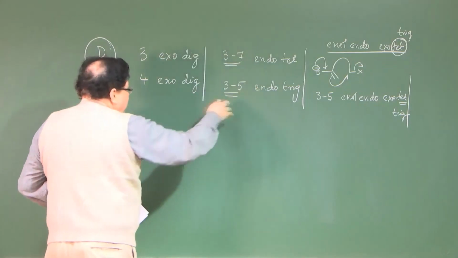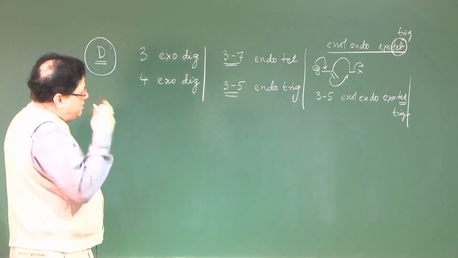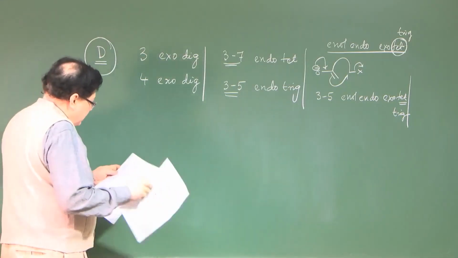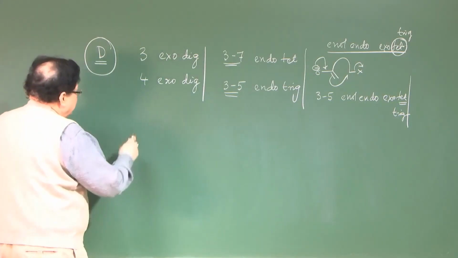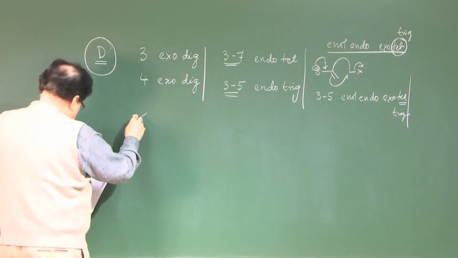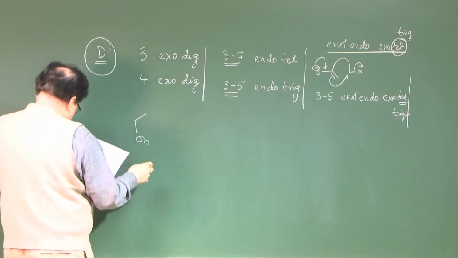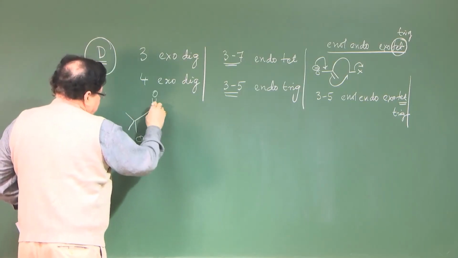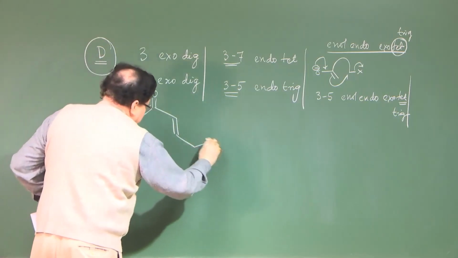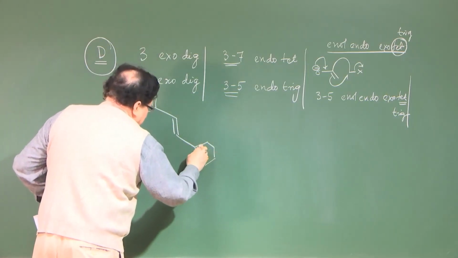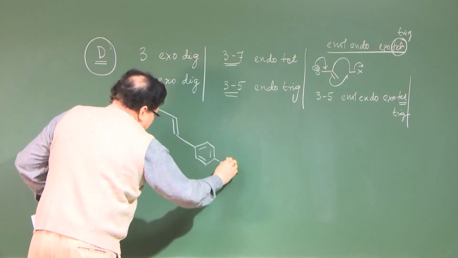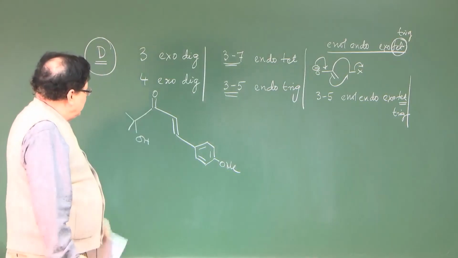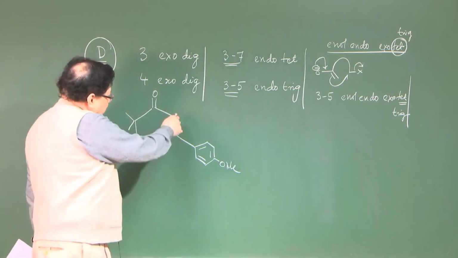So, these are the basic rules that I remember. Let us do the first problem, and that is this one. Okay, this is an alpha beta unsaturated system with a para-methoxy, then this double bond.